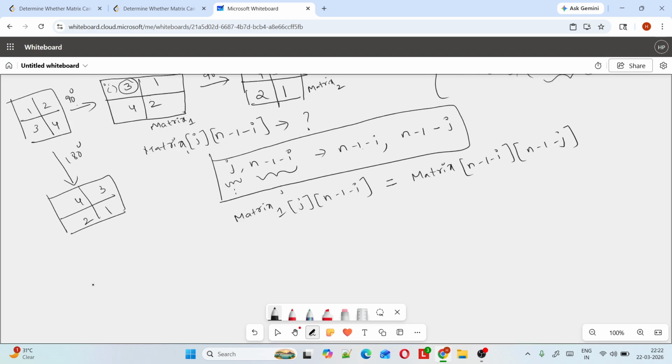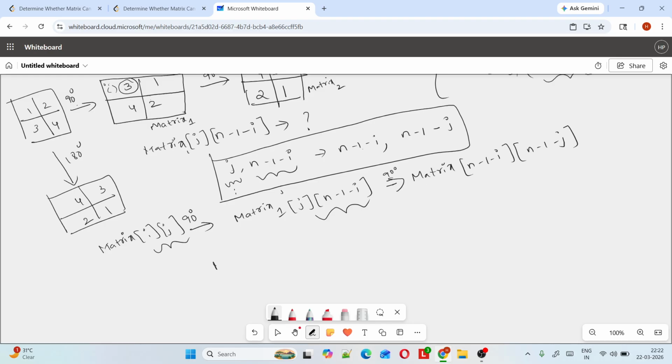So can I write, see, matrix of i comma j, okay, when you rotate it, you got these elements at i comma j moved to here. Okay, now when you rotated this by 90, it moved.